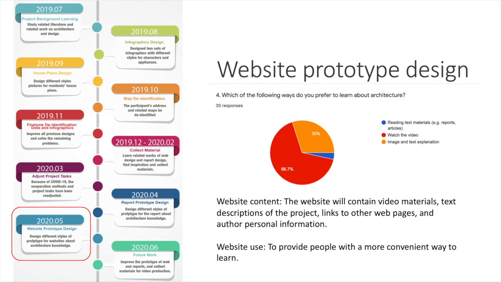Only one person chose reading text materials. So, in order to provide people with more convenient ways to learn the relevant knowledge, we provide video material, a text description of this project, and a link on this website.